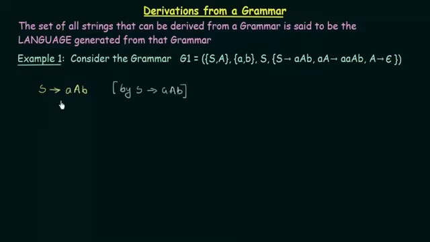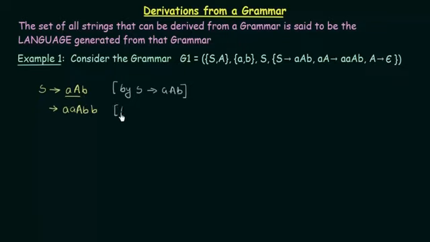Okay, now let us try to further expand this. We have AAB here, and now we have one production rule which says AA gives AAAB. So this AA over here can be expanded and written as AAAB. So I've expanded this part, and I have this B remaining over here.